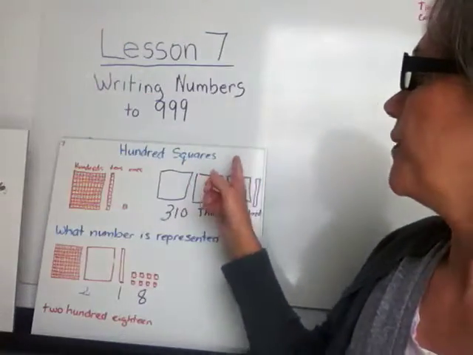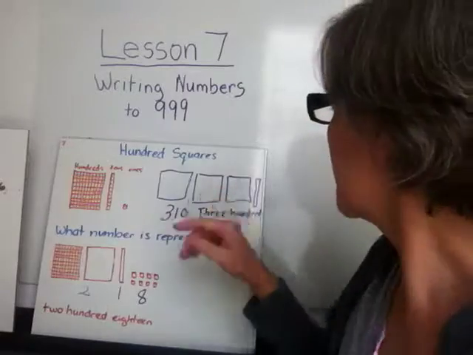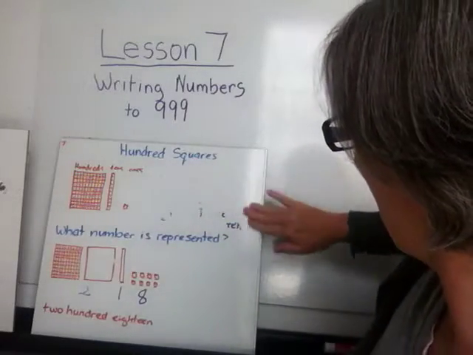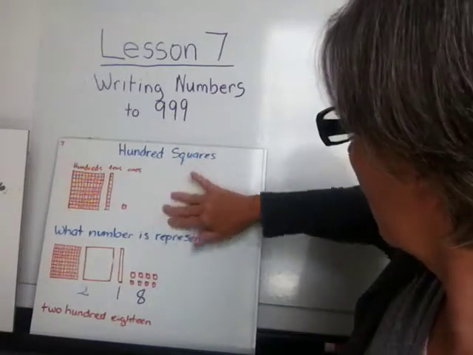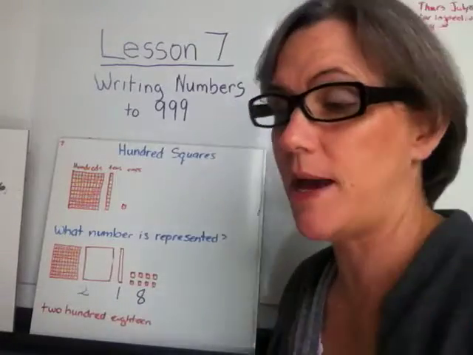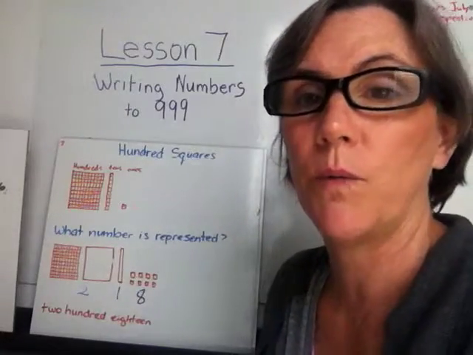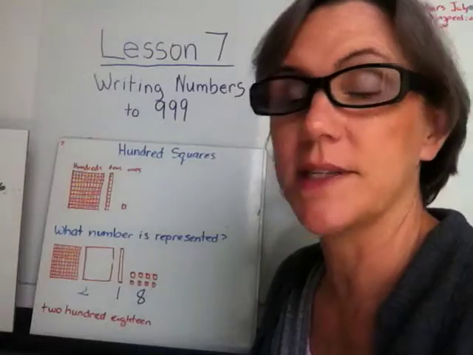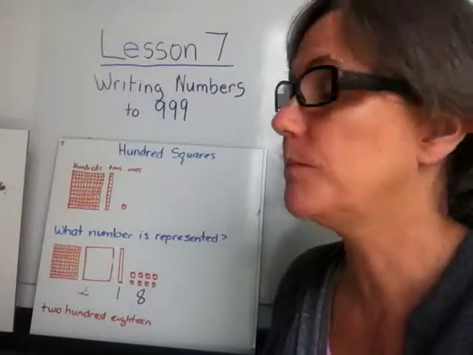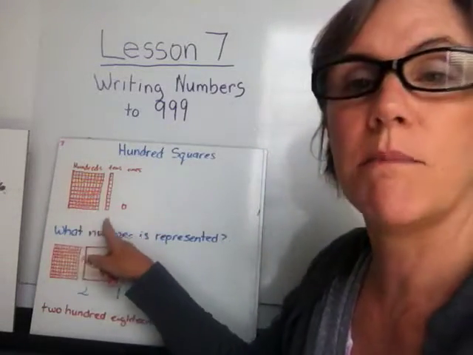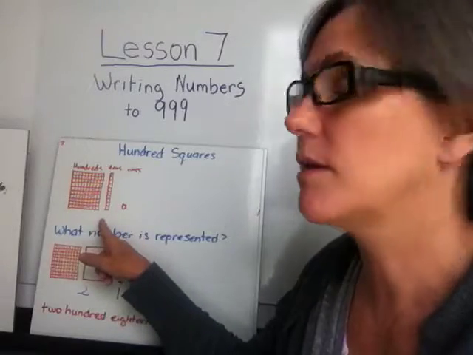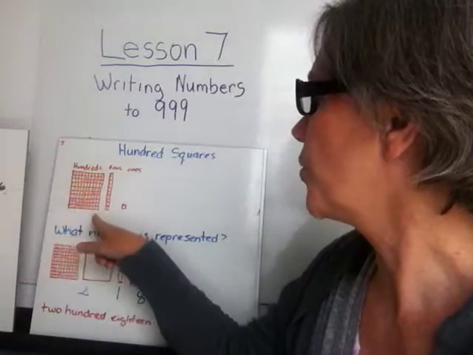Okay. So now we've learned how to represent numbers. Let me go ahead and erase this. We've learned how to represent numbers with models of money, the $1 bill, the $10 bill, and the $100 bill. So now this is just a different model to represent numbers. This is the 100 square.